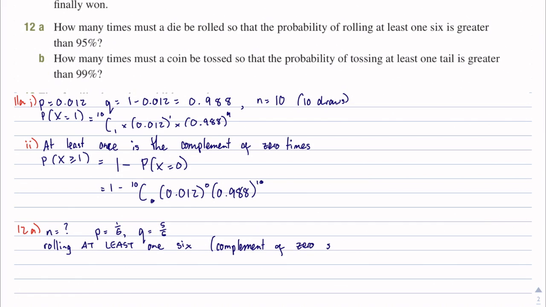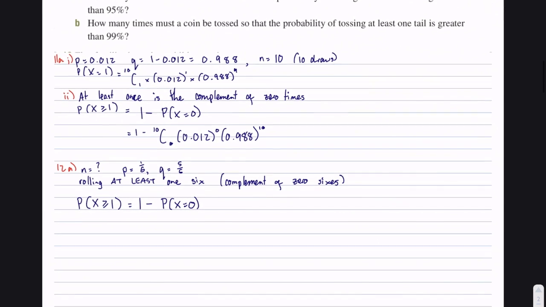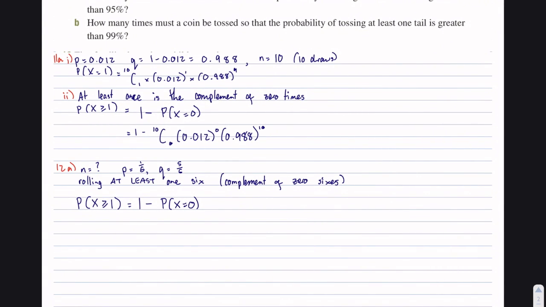Which means P(X greater than or equal to 1) is 1 minus P(X equals 0). And we want the probability to come out as greater than 95%. So I'm just going to say 95%, or 0.95, equals 1 minus.